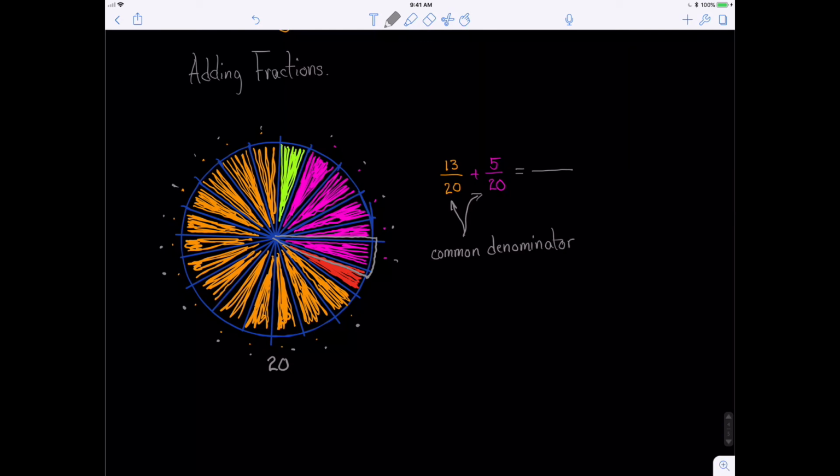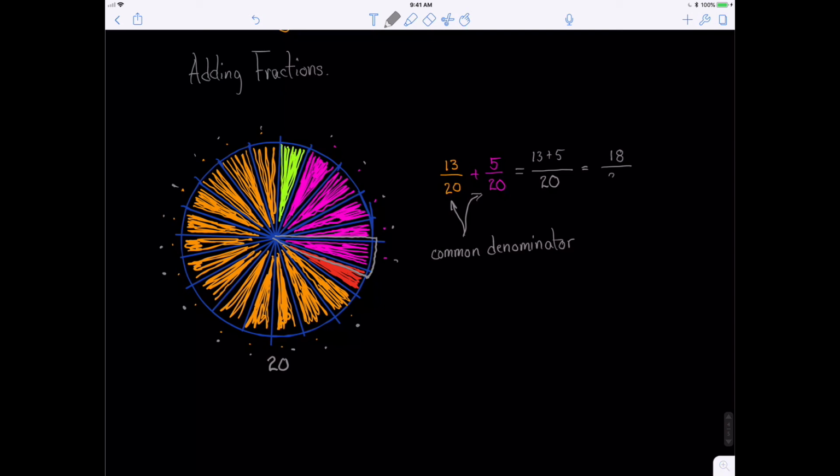And notice that when we were done counting all of our pieces, they were still in size 20. But we ended with 18, and you can see that if I took my numerators and added 13 to the 5, I would have 18. And that's how you add fractions.